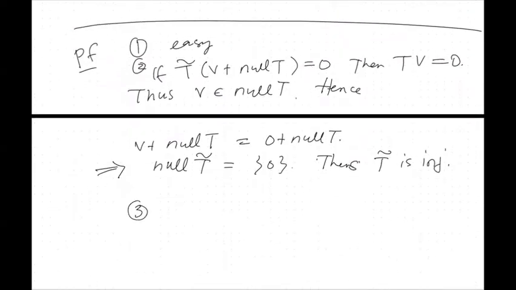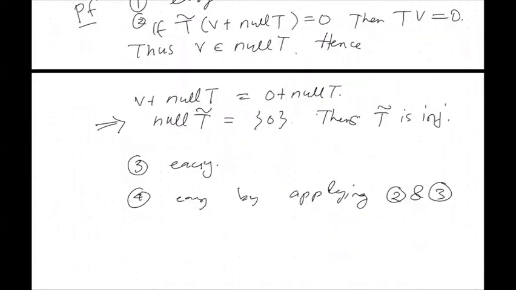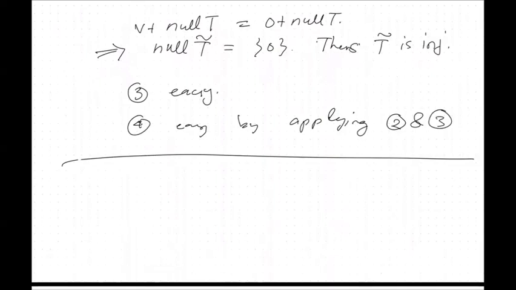And number 3, this is easy by definition. And number 4, this is again easy by applying our number 2 and number 3. Okay, that's it for the null space and the range of T tilde.